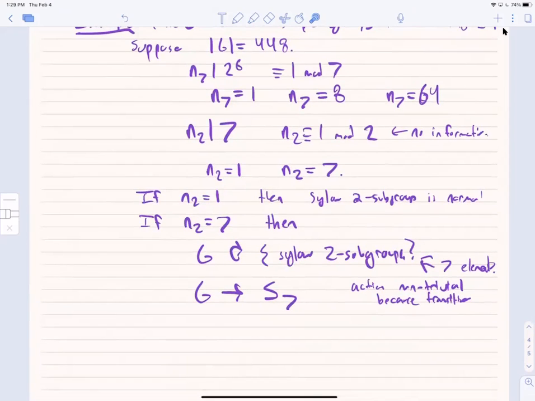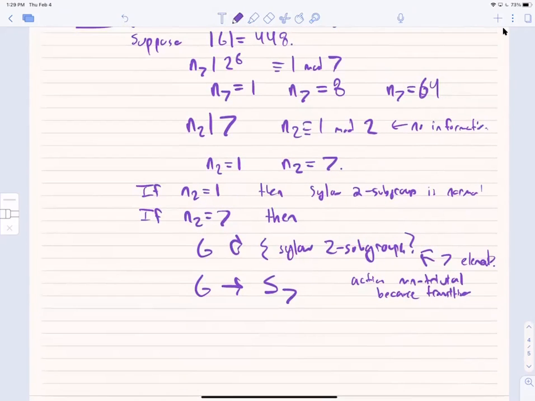So where are we going to get a normal subgroup out of it? Our normal subgroup is going to be the kernel. Let me call this map phi, this action map. The kernel of phi is normal in G. And the fact that the action is non-trivial tells you that the kernel is not G. There's something that acts non-trivially.